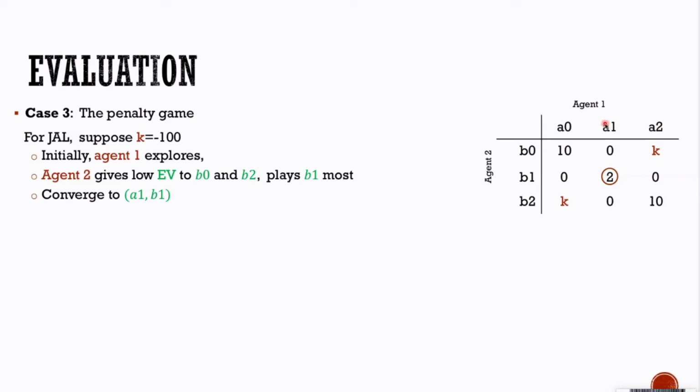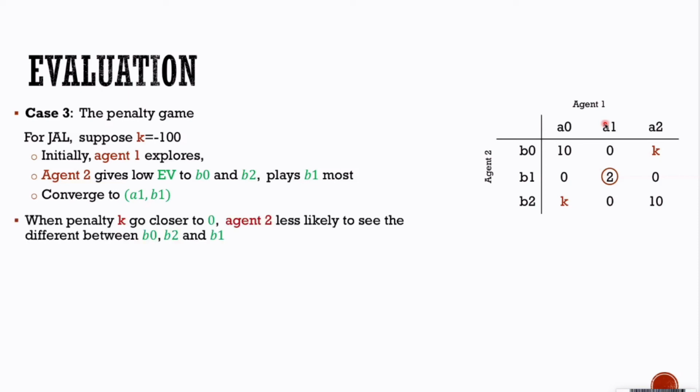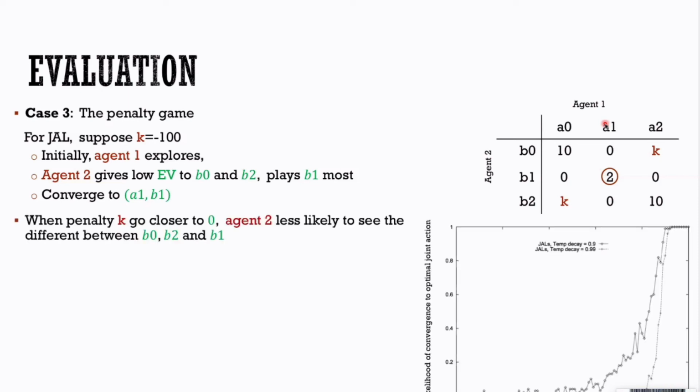So it means that when k goes to zero, they will converge faster to the optimal solution. As you can see from the slide, it shows the likelihood of convergence to the optimal joint action. When k approaches zero, the convergence will be very, very fast.